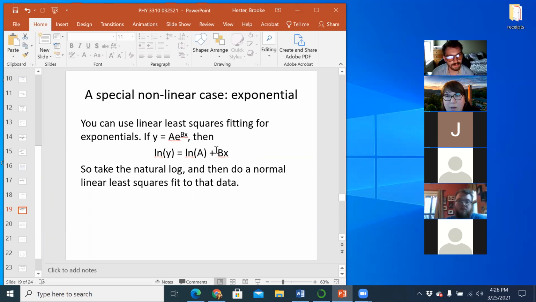And the natural log of e to the bx is just bx. So we have converted our exponential function into a linear function that we can fit with linear least squares. You take the natural log, you do a normal linear least squares fit. There's nothing really different at all. You just convert your function into a linear function.